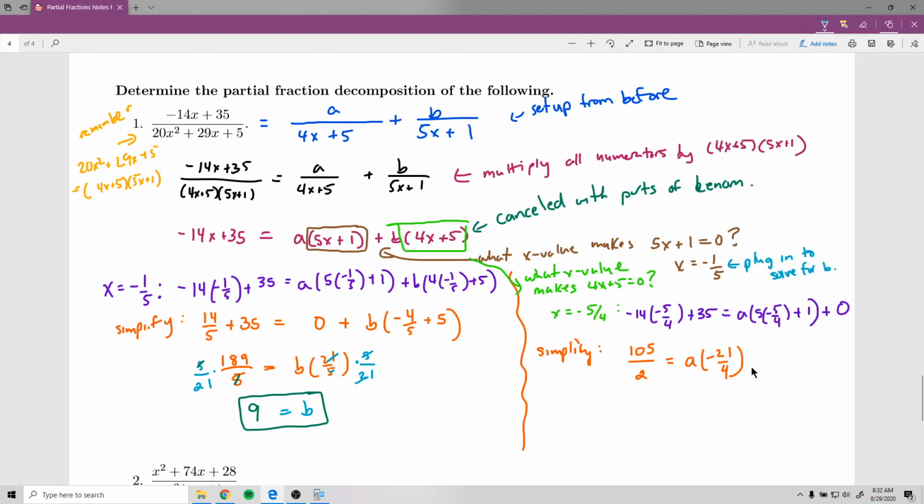Multiply by the reciprocal, negative 4 over 21. And then we'll only have a on the right side, and on the left side, the 4 and the 2 cancel out. We have 2 on top. That's gone. And then 21 goes perfectly into 105 5 times. So we actually have negative 2 times 5, which is negative 10, equals a.